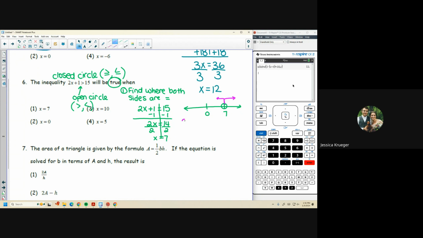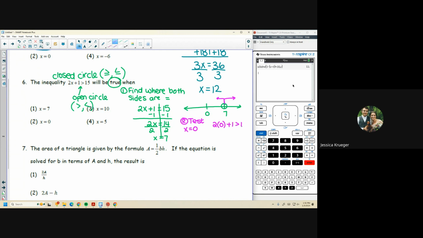So my second step is to test one side of my boundary point. So test one side of 7. I'm going to use x equals 0 and see if it makes it true or false. If I plug 0 in for x, instead of 2 times x, I'm going to do 2 times 0 plus 1.